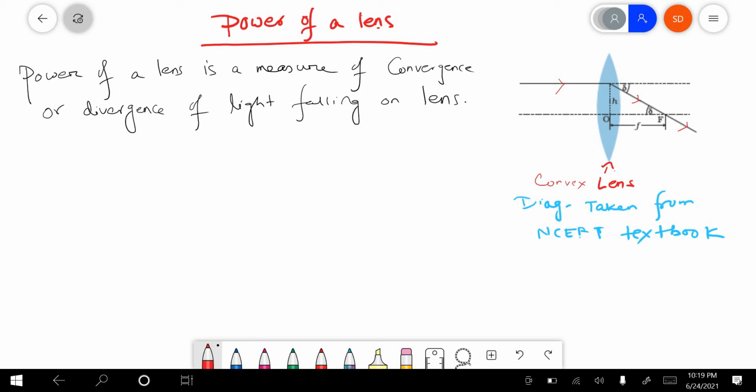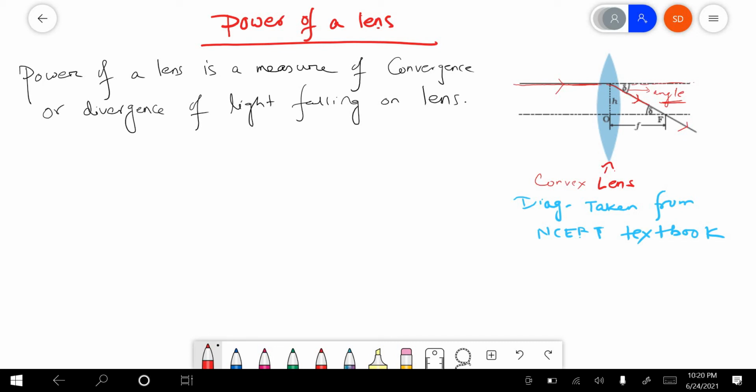This is the straight line, the original direction of the light, and the light is getting converged in this direction and makes an angle delta.